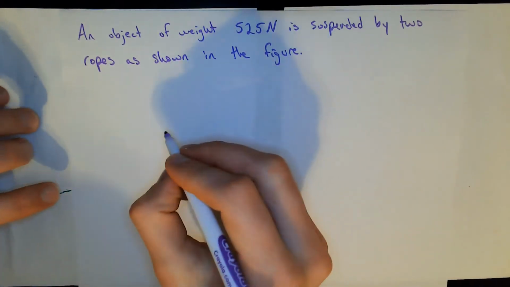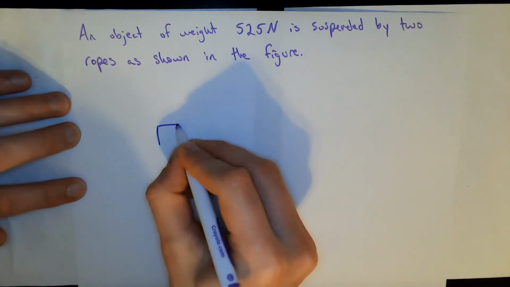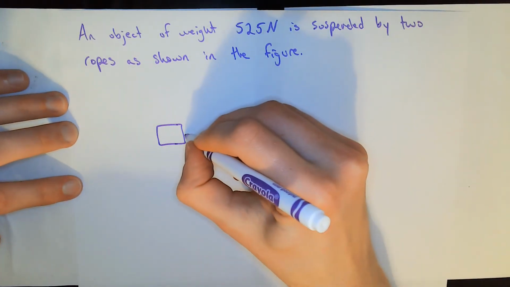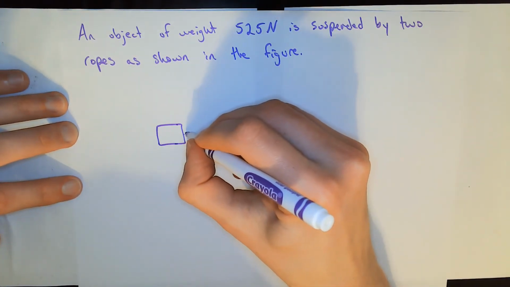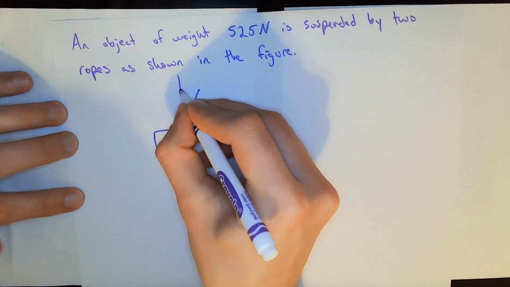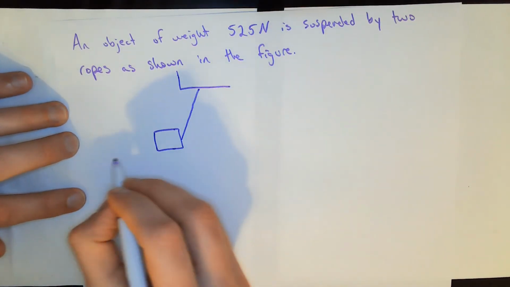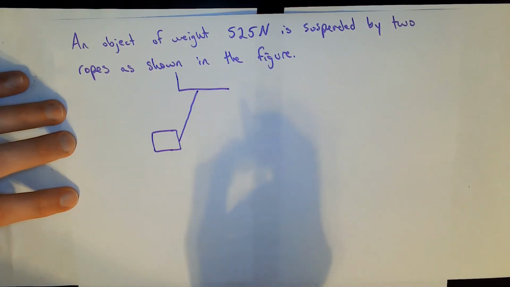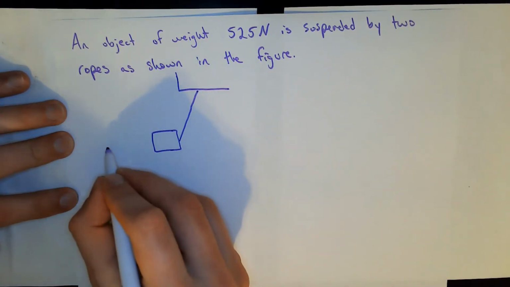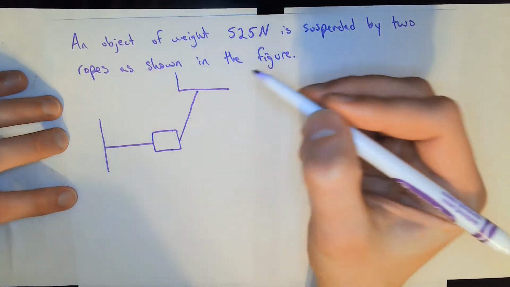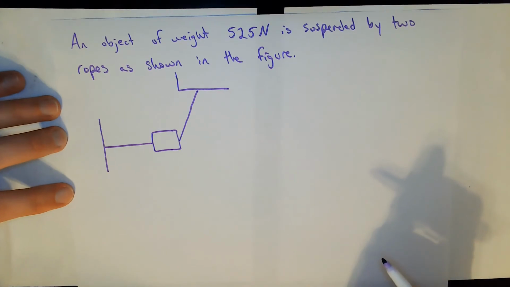So let's say we have some object and some rope. Let's see, attaching it like this to a ceiling over here maybe, and then another rope. How complicated do I want to make this? Just do another horizontal rope attached to a wall here. Okay.